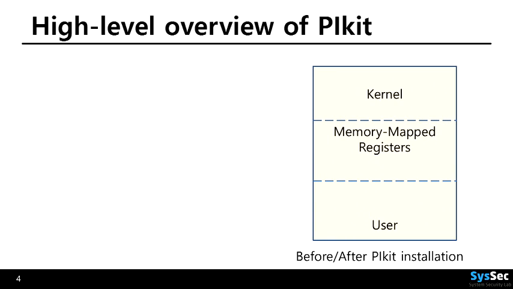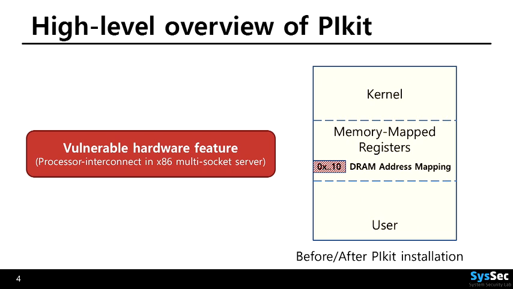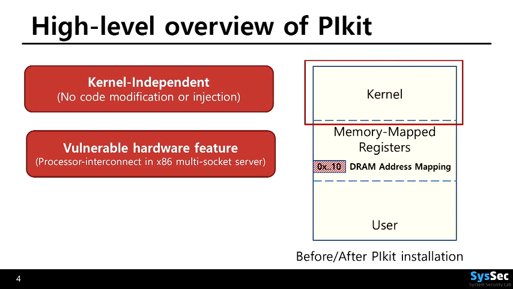So what is PIkit? This figure shows before and after PIkit installation. Like other hardware-supported rootkits, PIkit also exploits vulnerable hardware features. More specifically, PIkit modifies hardware states in the processor-interconnect in x86 multi-socket servers. The difference from others is that PIkit is kernel-independent.